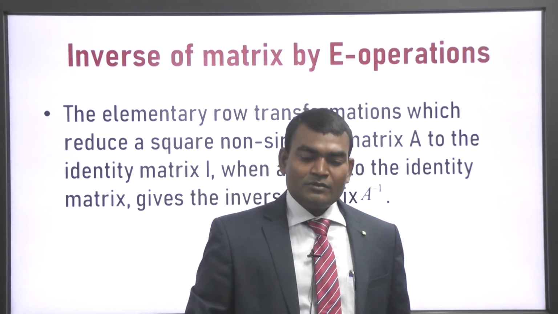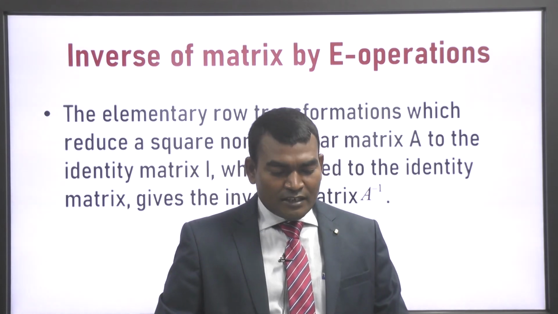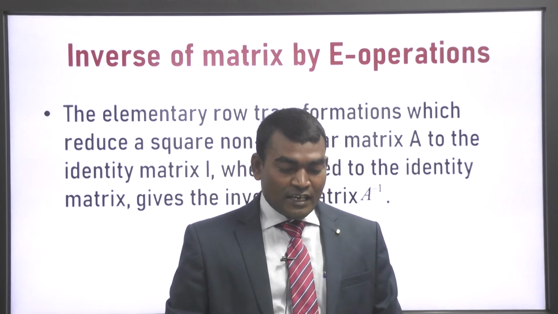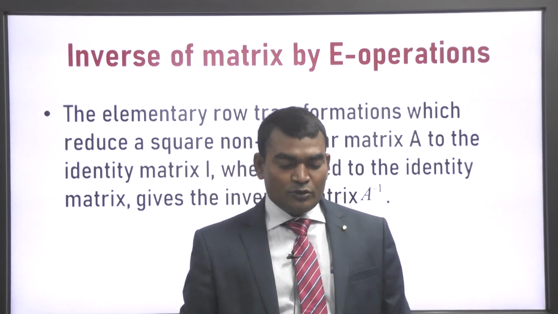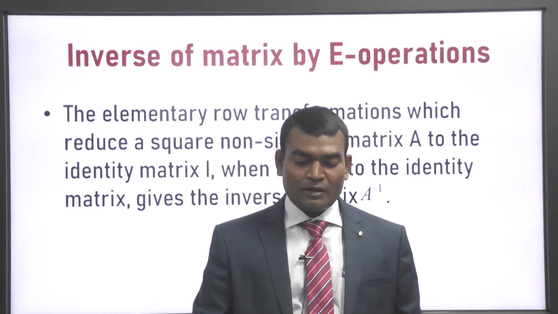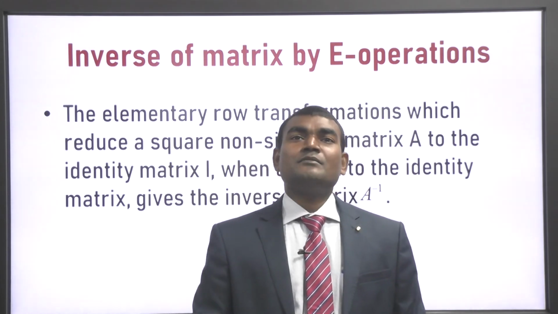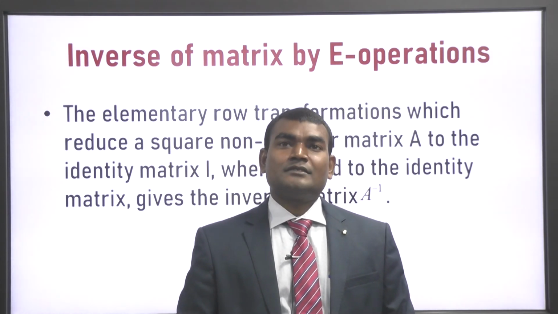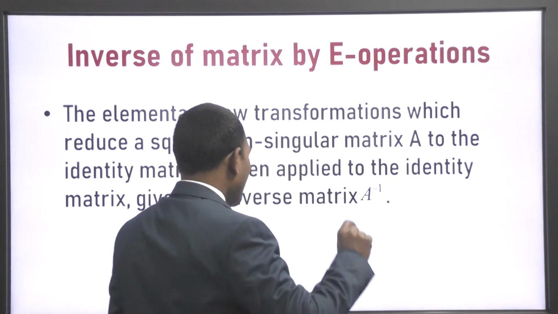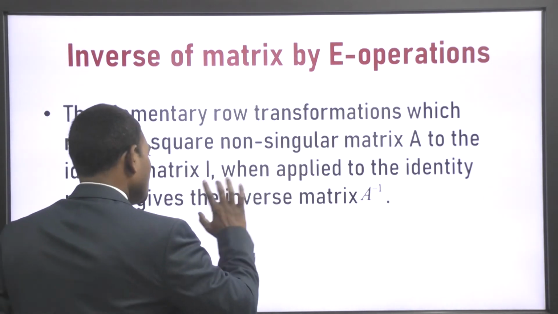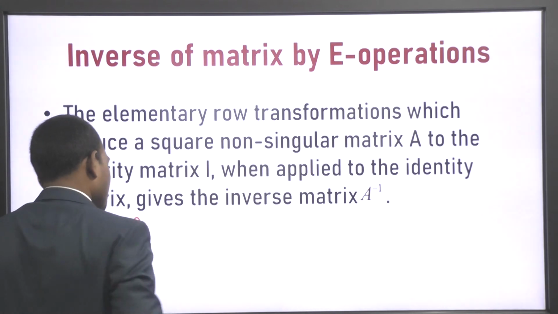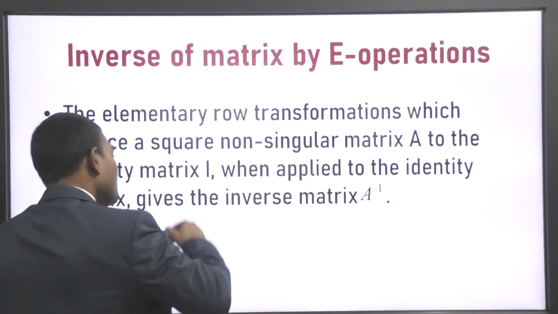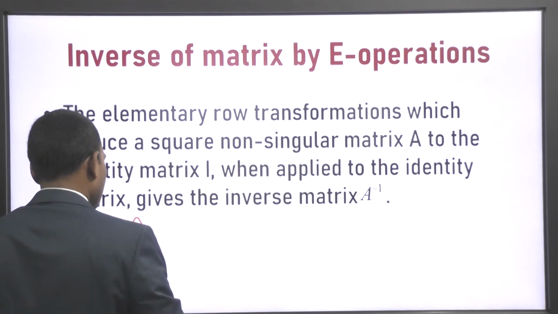Now, inverse of a matrix by elementary operations. The elementary row transformations which reduce a square non-singular matrix A to the identity matrix I, when applied to the identity matrix... To find the inverse, suppose that A is a non-singular matrix, then we can find its inverse by elementary transformations as follows.